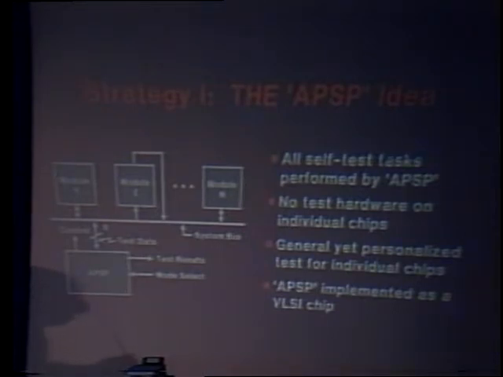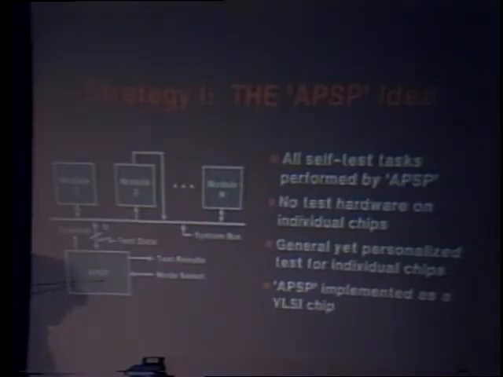There was an idea like this described in 1984 CICC conference paper. It's called Automatic Polydew Self-Test Processor. Idea is to provide testability support from a dedicated part. And without saying much on that, let me show you what it may look like.